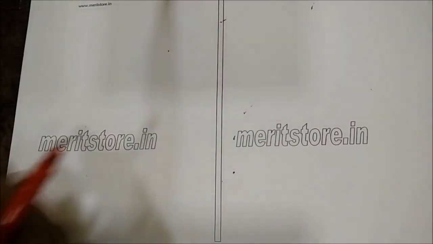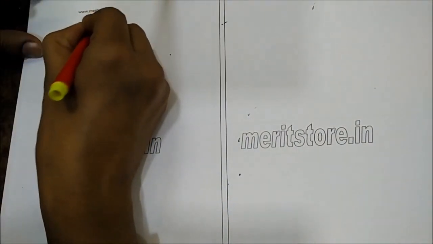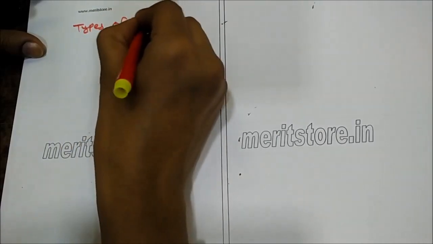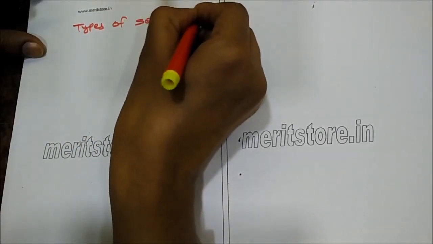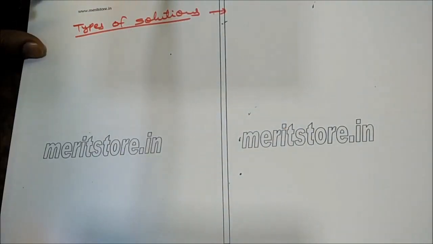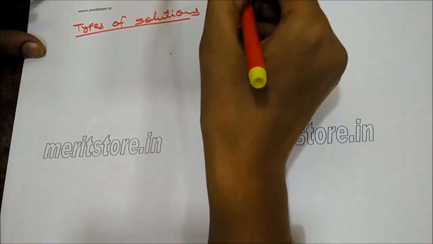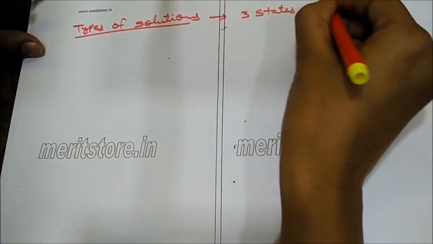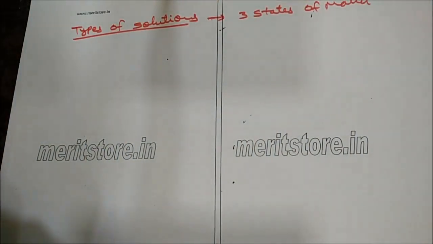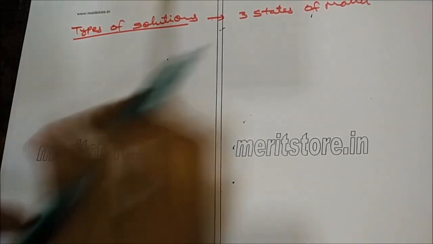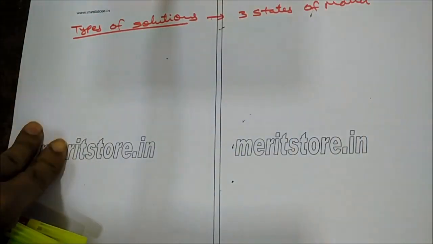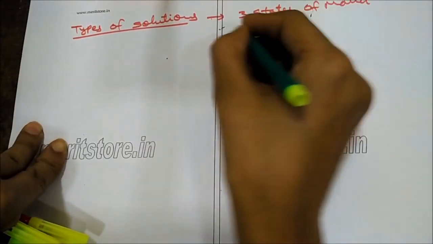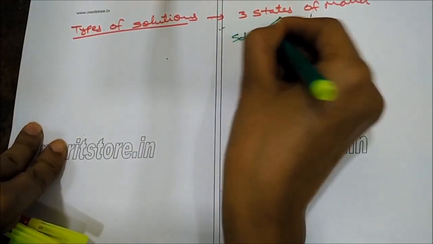Now, types of solutions. There are many types of solutions depending upon the state of solute and solvent. Now we know that there are three states of matter. So on the basis of these three states of matter, these states of matter can be either solvent or solute.